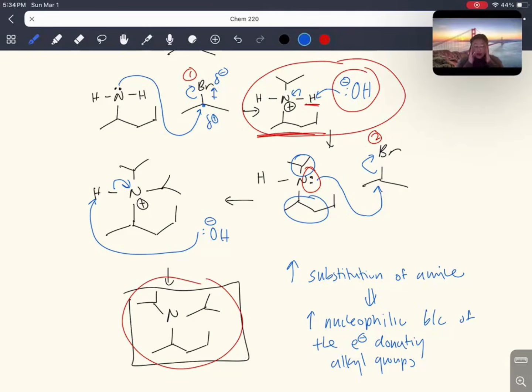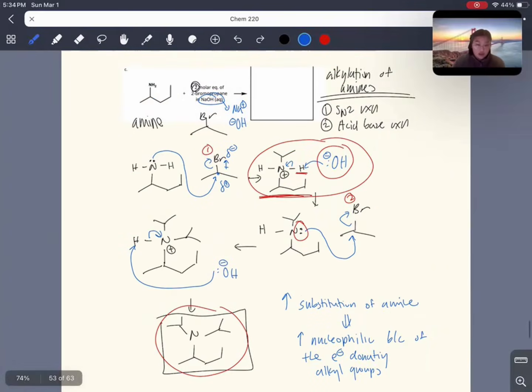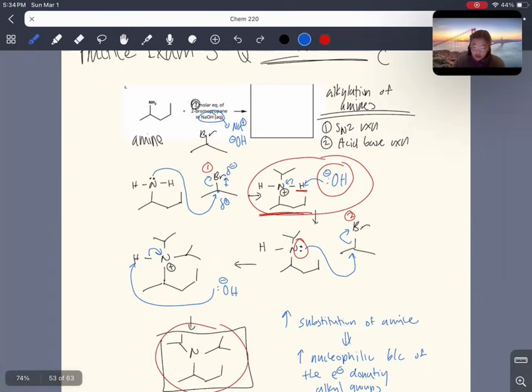So that is just a trend that you should be thinking about when it comes to alkylations of amines, as you go through multiple rounds of adding alkyl groups to an amine, and the reason why increased substitution of an amine would increase its nucleophilicity.